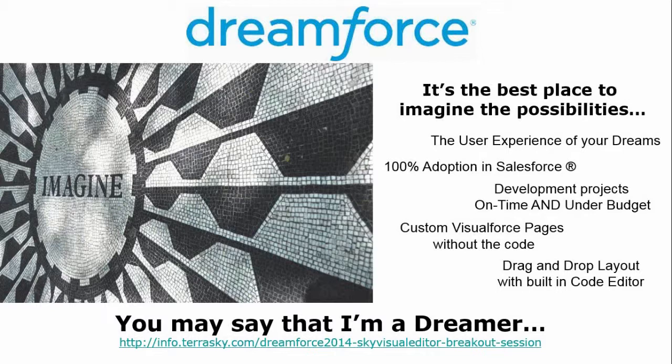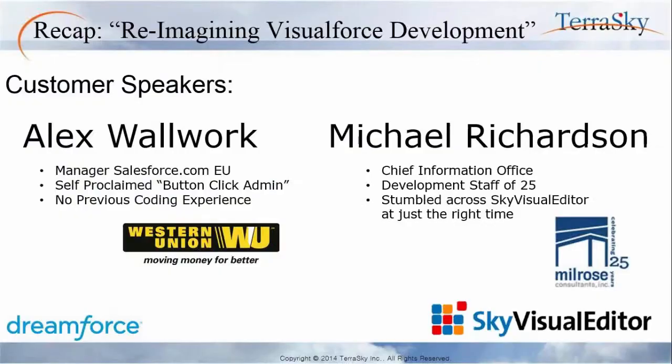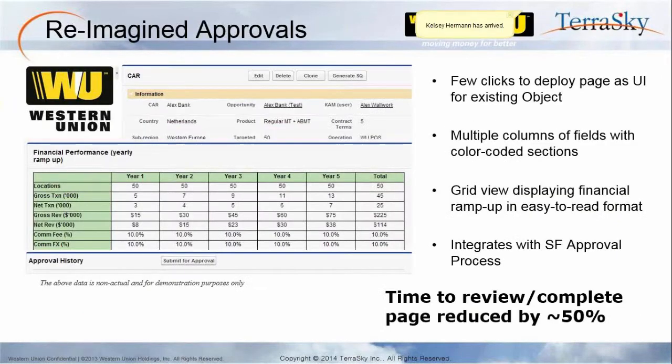But to dive a little deeper into the examples that they shared during the session, Western Union, as I mentioned, doesn't have a lot of coders and developers available, at least in their European office, and they really enjoyed the ability to drag and drop to design custom pages.